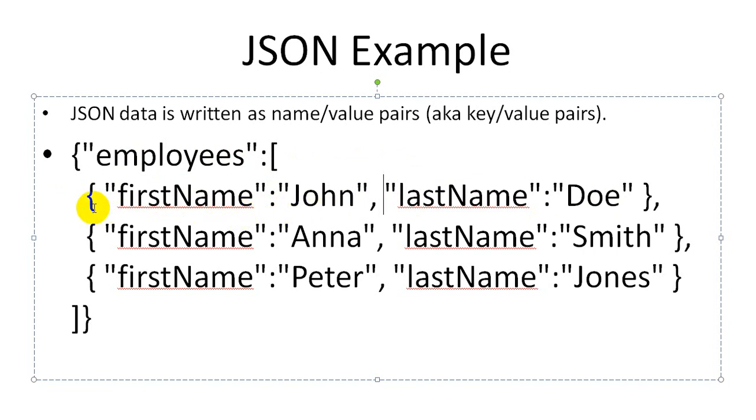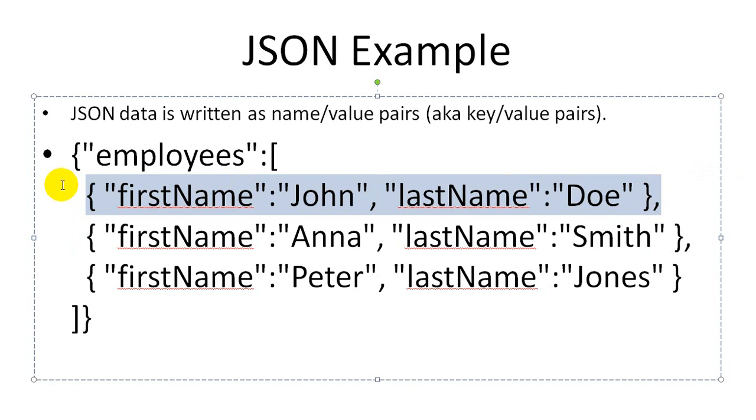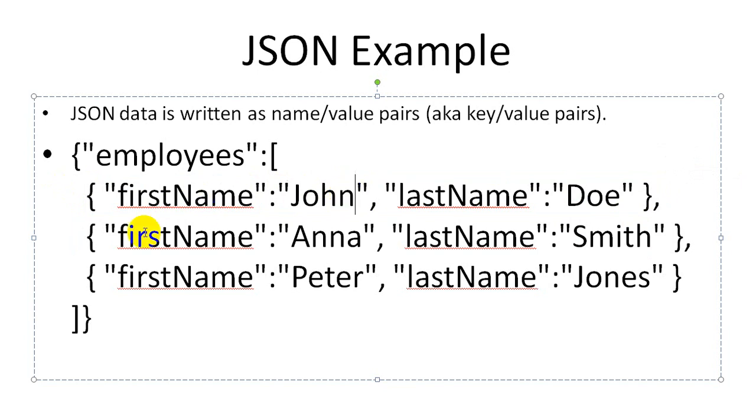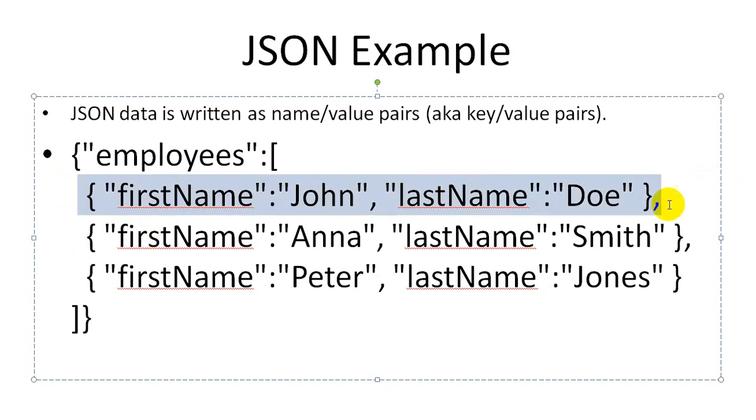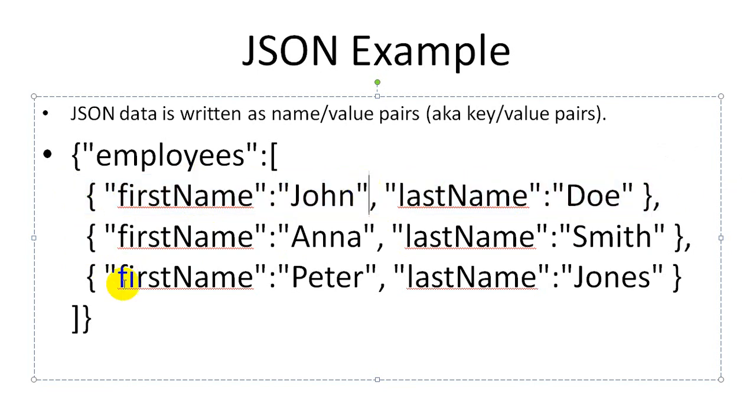So curly braces keep the key and value pairs. This is for one object, these curly braces hold objects. Then each part is separated by comma.